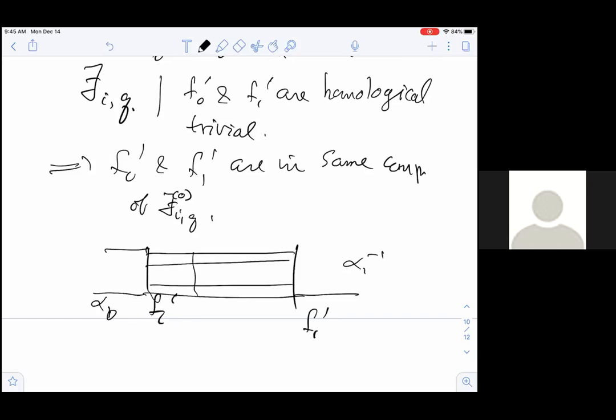So remember this path, I went from F naught to F naught prime by alpha naught inverse in this direction, and here by alpha 1. So now I just reverse these paths, and I see I get back to alpha naught and alpha 1.